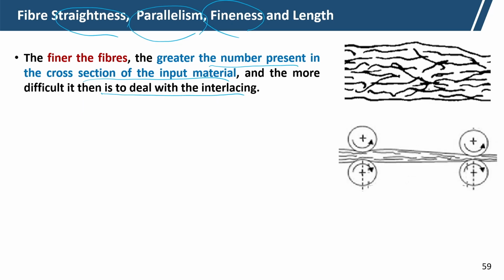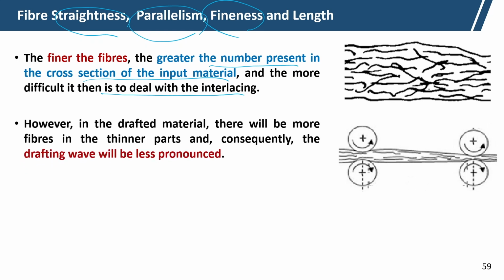interlacing. So, when there is a greater number of fibers, there will be more drafting force and it will be difficult. However, in the drafted material there will be more fibers in the thinner part and consequently the drafting wave will be less pronounced.